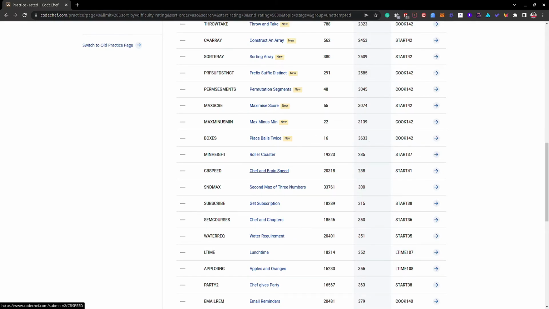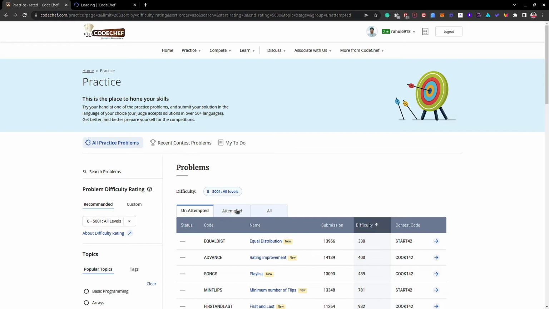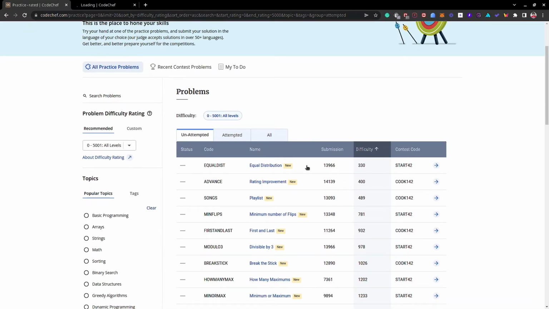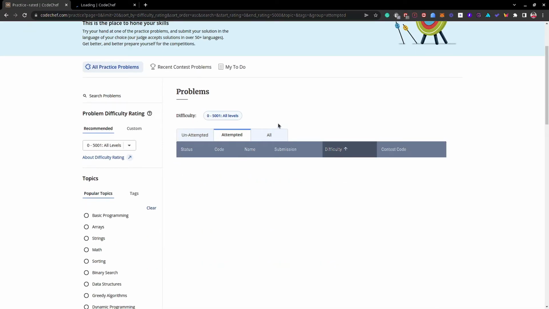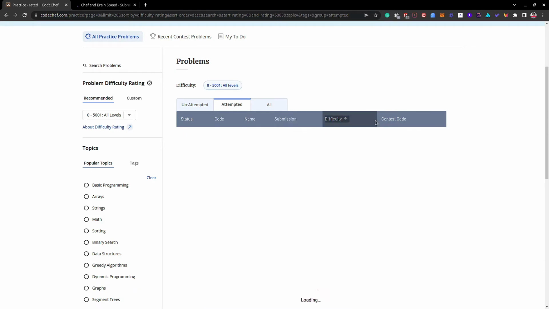Chef and Brain Speed. So let's see the attempted codes here. These are the attempted codes. In terms of difficulty, let's see how much I have done in the past.